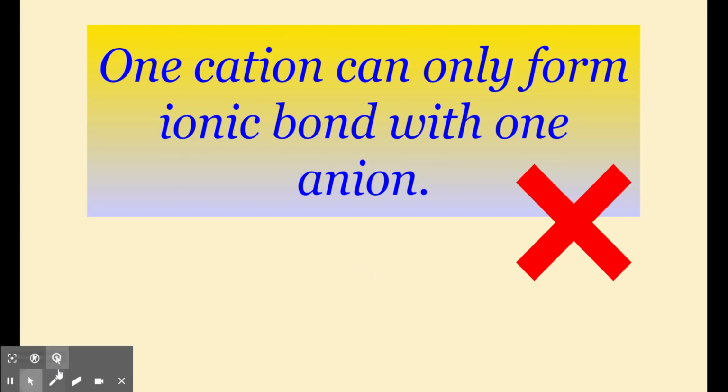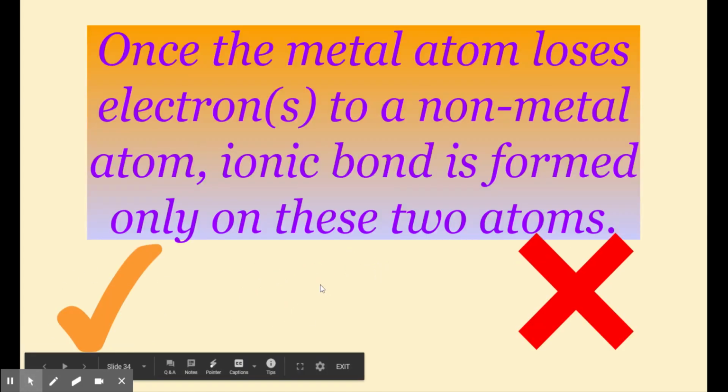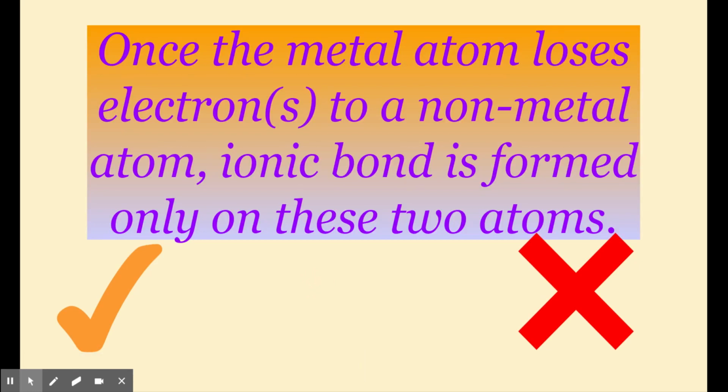And let's look at the third question. Once the metal atom loses electrons to a non-metal atom, an ionic bond is formed only on these two atoms. Is this statement correct? Well, the answer is no. Just like what we have explained before, an ionic bond actually happens when a cation and anion get close to each other.